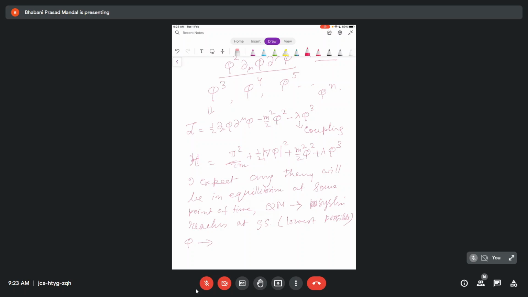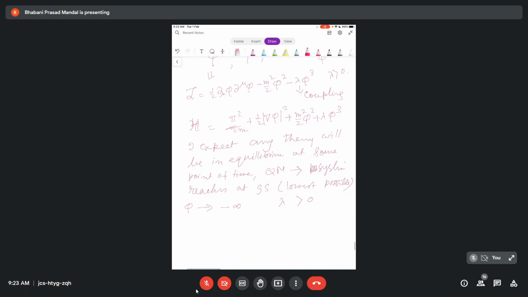But now, suppose my phi can go to infinity. Suppose phi goes to minus infinity, and suppose we assume lambda greater than 0. I start with lambda greater than 0, but the argument can also be valid for lambda less than 0. So if phi goes to minus infinity and lambda is positive, then in the Hamiltonian the lowest possible energy, the ground state energy, will go to minus infinity, because this term will be the dominating term.